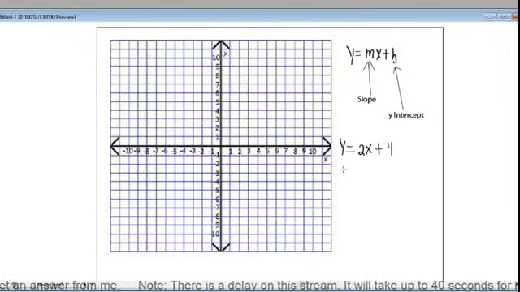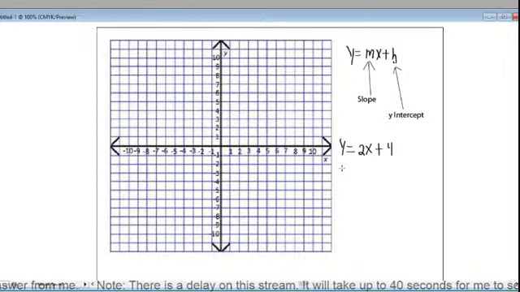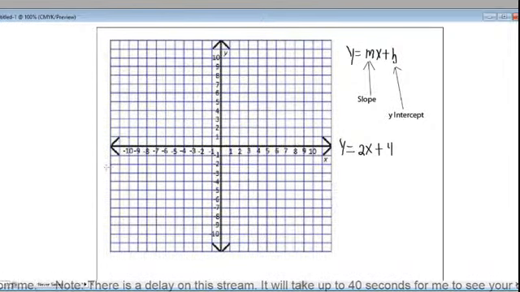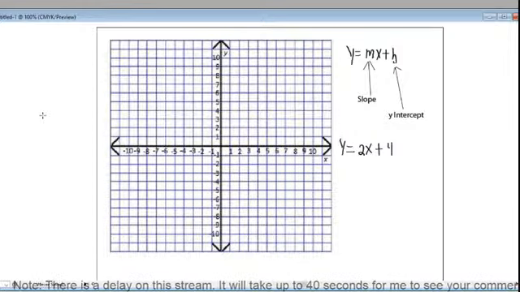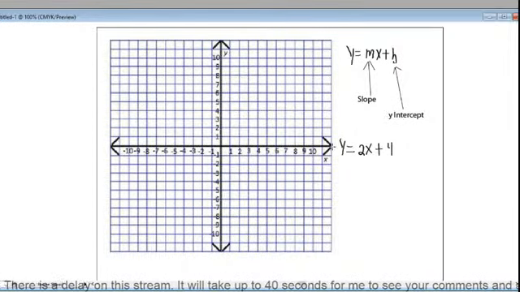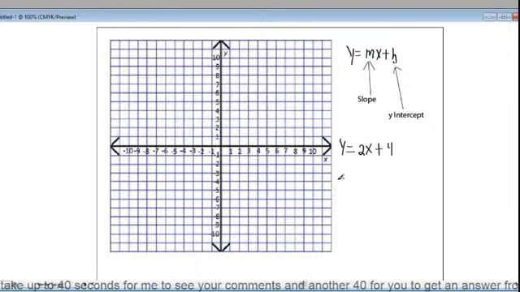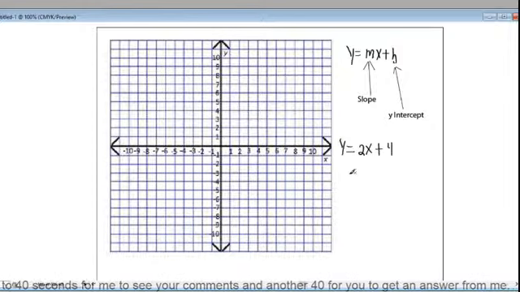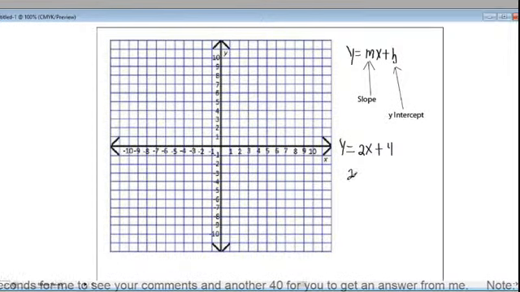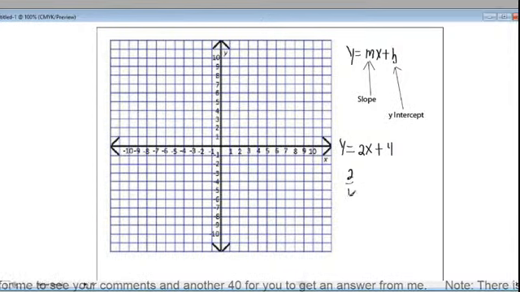Okay. Well, what does that really mean? You have to think of slope as being really two values. Anytime that you're looking at a slope, think about it as a fraction instead of just a normal integer. So 2 as a fraction is 2 over 1.